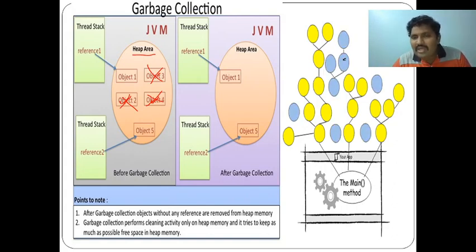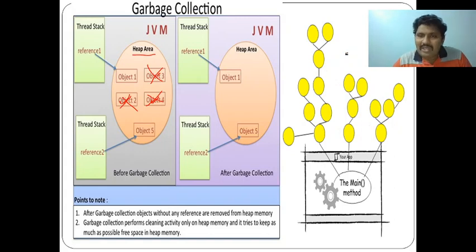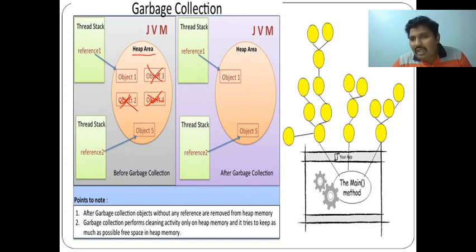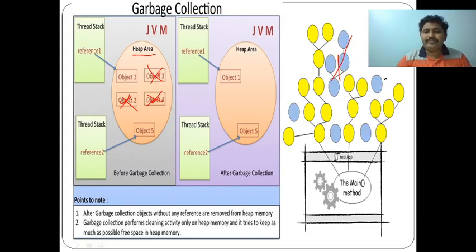Those objects are going to be removed. This removal is called garbage collection. See here, all the yellow objects have some connection with the main method, but the blue objects do not have any reference, so such objects will be removed from memory. This is called garbage collection.